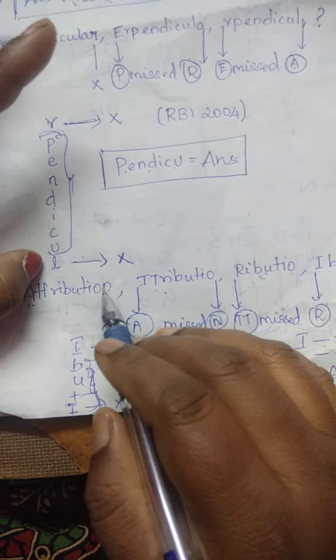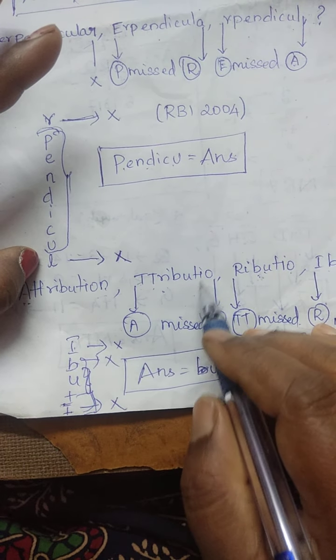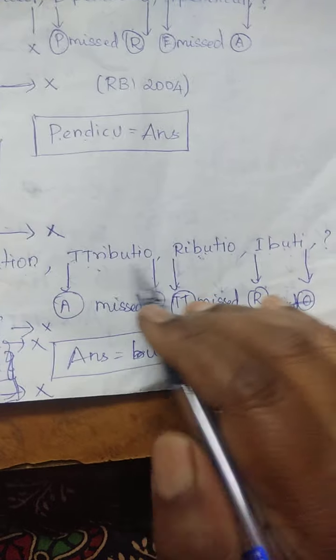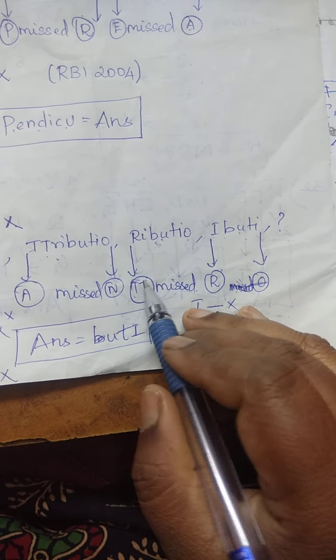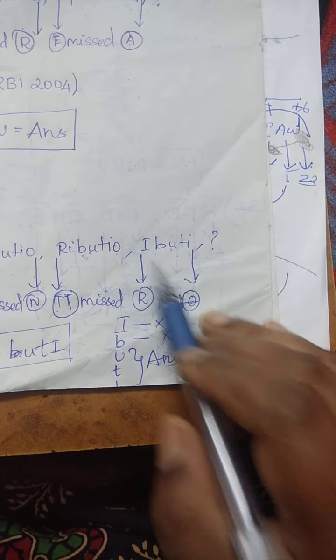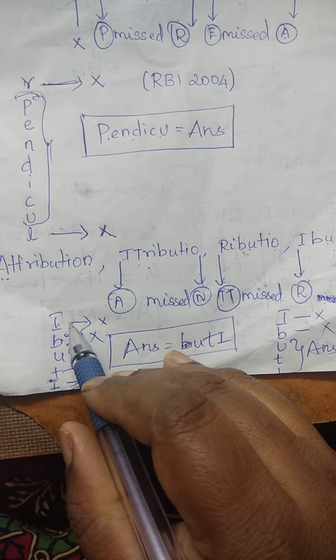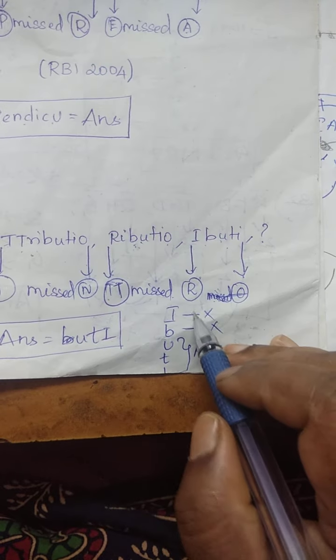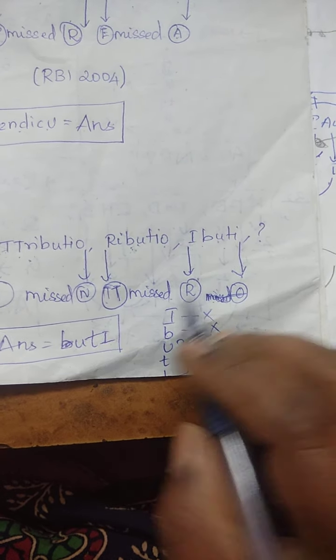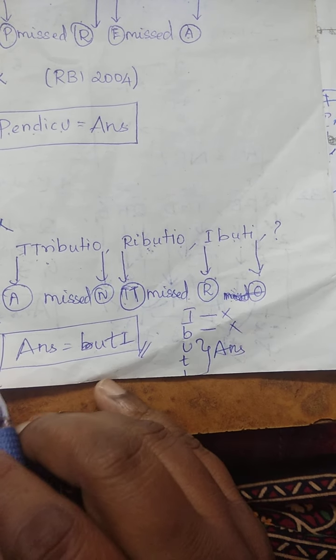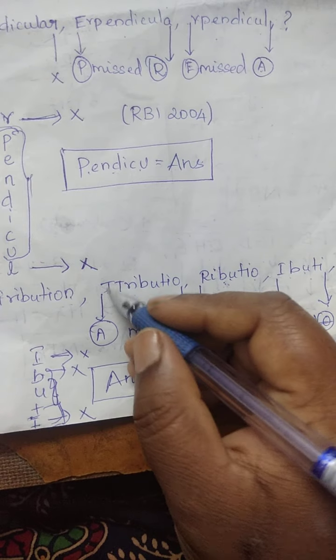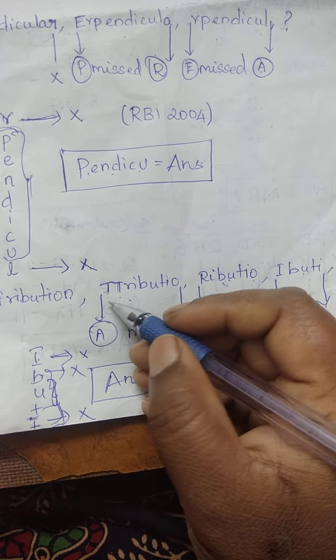Here A and N are taken away from the second term. Then here they taken away first T, double T's, and again they taken away I and O from here. Then again we are taking away I and B. I and B. So the answer must be UTI. This answer. Not of a repeated T they have taken away.